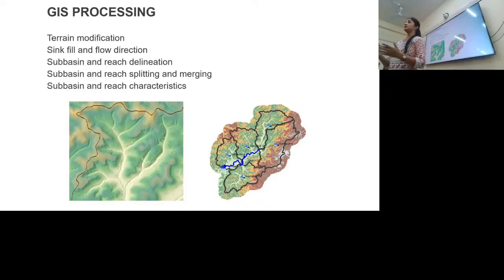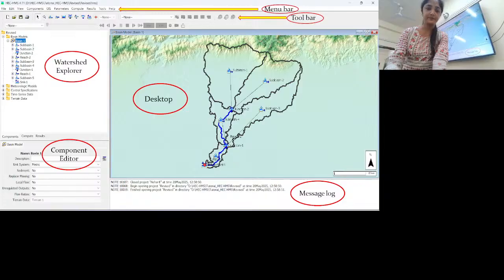To delineate a watershed, we have to modify the terrain: fill sink, flow direction, flow accumulation. All these things you can do in the model itself. Then sub-basin and reach delineation. Then we have to give the parameter values to the sub-basins and so on.